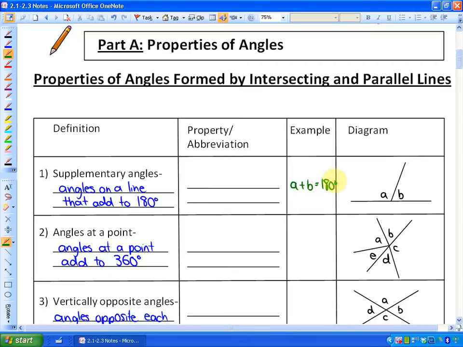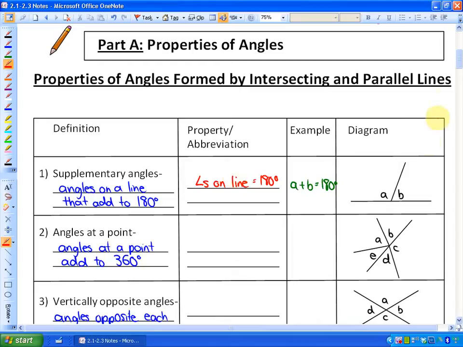Throughout this chapter, we're going to be determining what particular angles are and stating why they are that particular measurement. The abbreviation that we use for this definition is that angles on a line equal 180 degrees. You will be helped by knowing these abbreviations because they shorten a lot of your work.